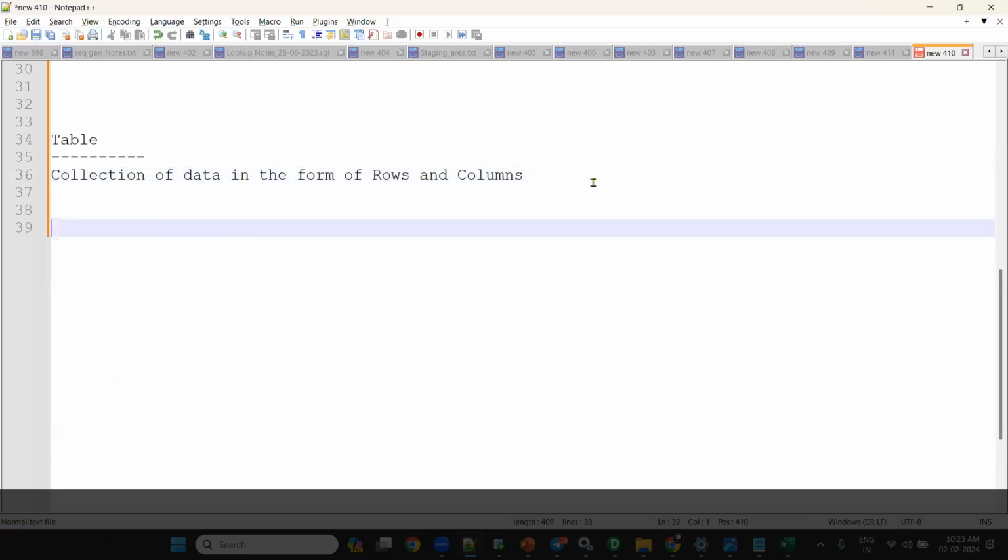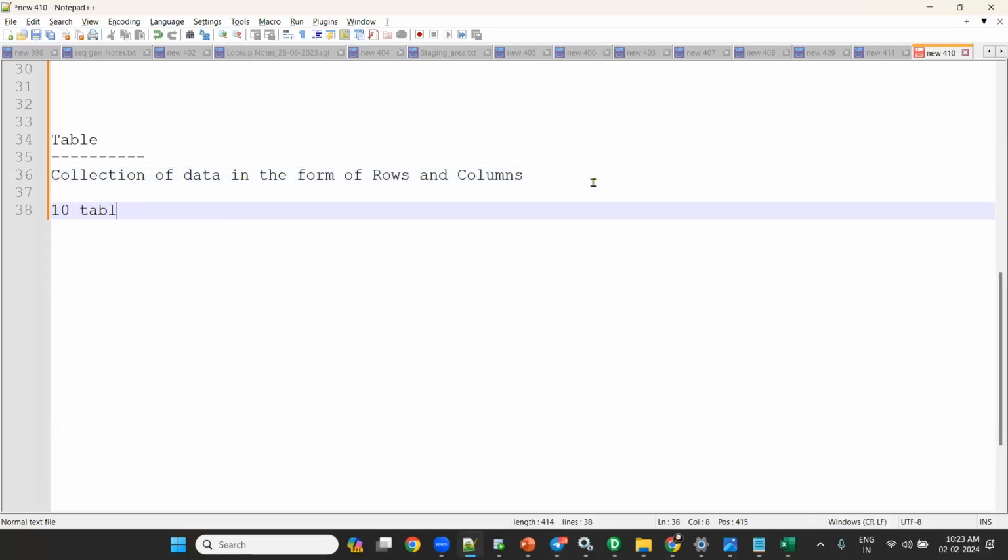Now, suppose I have 10 tables. Where will these tables be stored? These tables will be stored in a database.